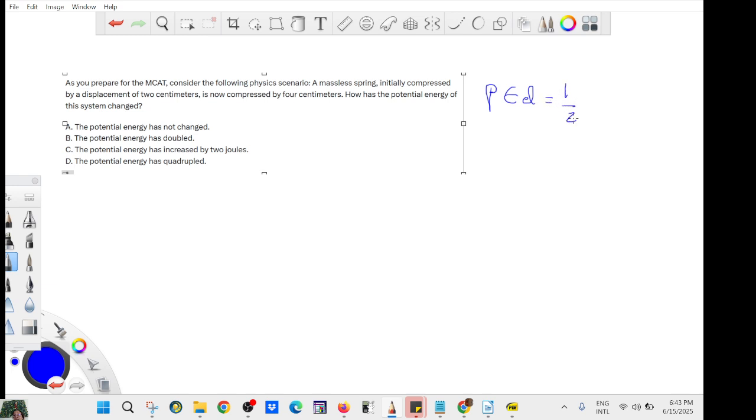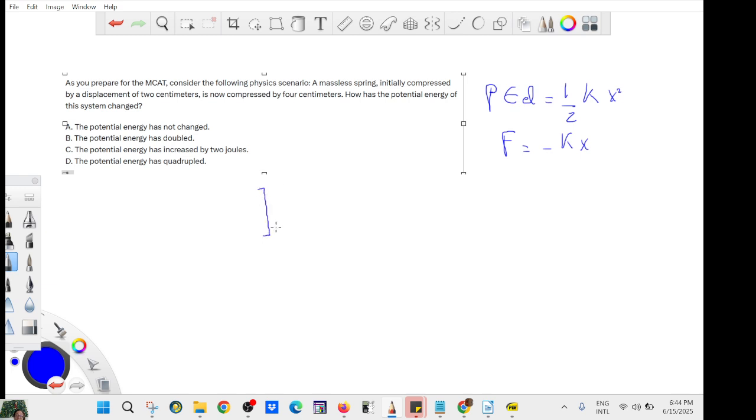It will be 1/2 a constant k times x squared, where x is how much a spring is compressed or stretched. Okay, so that will be the elastic potential energy. And the restoring force is minus kx. So it's a conservative force, right?